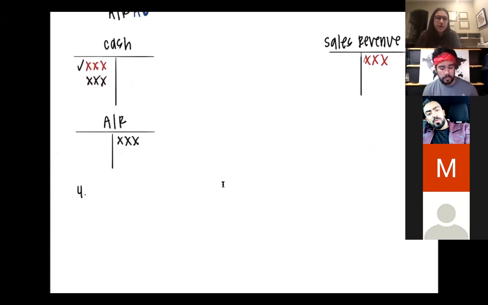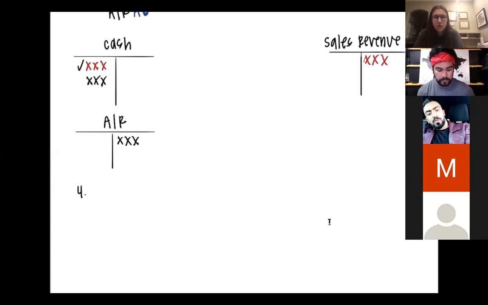Okay, so number 4, they recorded a credit sale as a debit to cash and a credit to sales. Can anyone tell me what they did wrong? Let me ask some of you one thing. What's a credit sale? What would that journal entry look like? The accounts receivable is overstated, so they shouldn't have done accounts receivable.